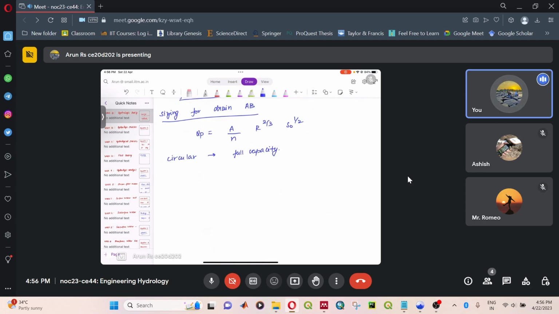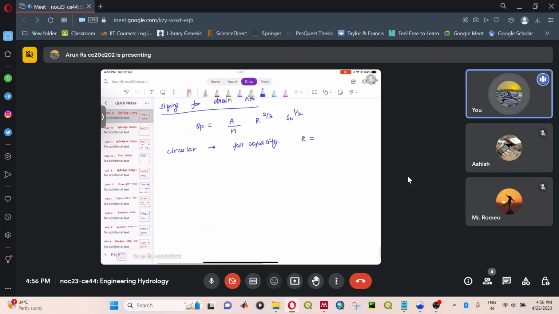So when a circular drain is flowing full, your hydraulic depth, which is the ratio of wetted area to the wetted perimeter, is D by 4, which you might have read in applied hydraulics.